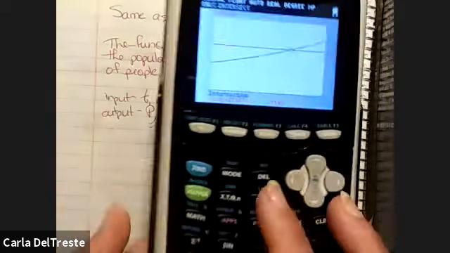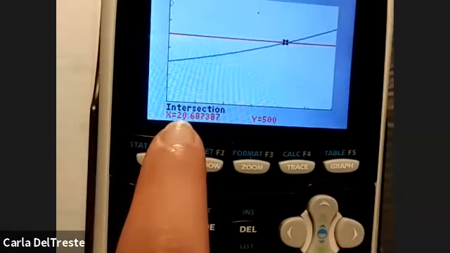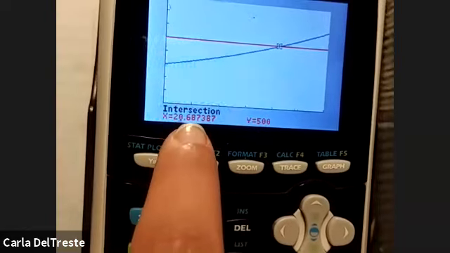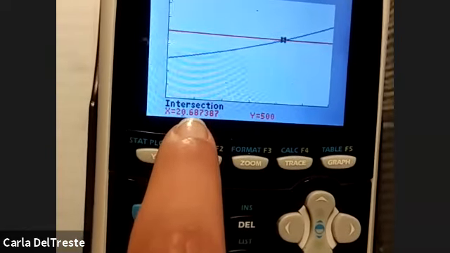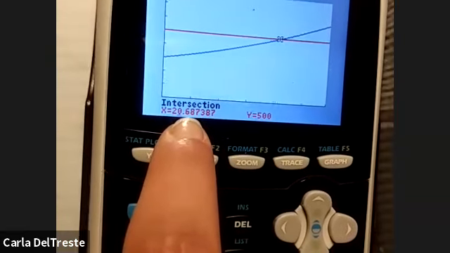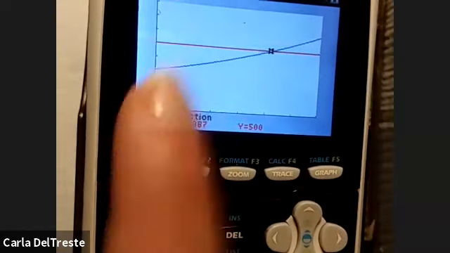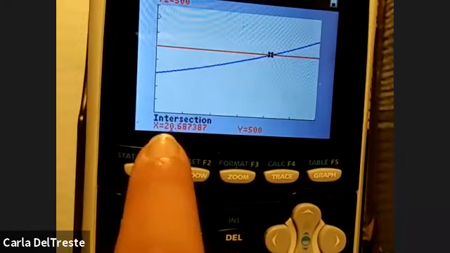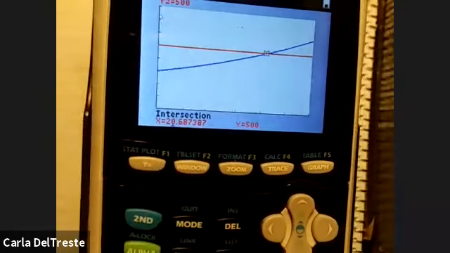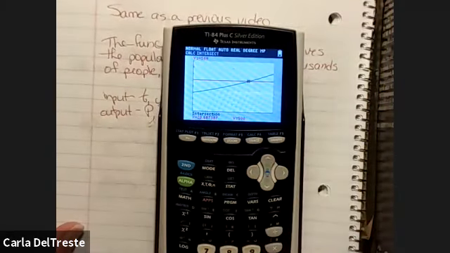And now I know that it'll be about 500,000 people in about 20.7 years, if I round that up. So 20.7 years since 1980. So that's about the year 2000. Okay, if you want to do months, that's up to you. But towards the middle end of that year, you would have 500,000 people. So this is how you would find those things on the calculator.